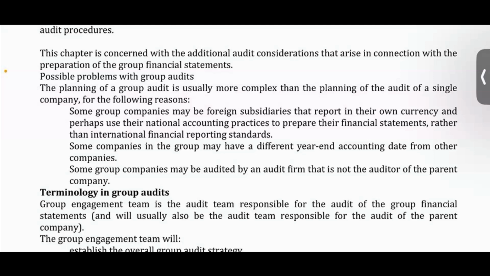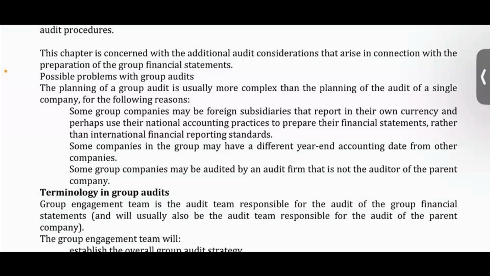So you have subsidiaries in different parts of the world, but now you are responsible for putting all these subsidiaries together.